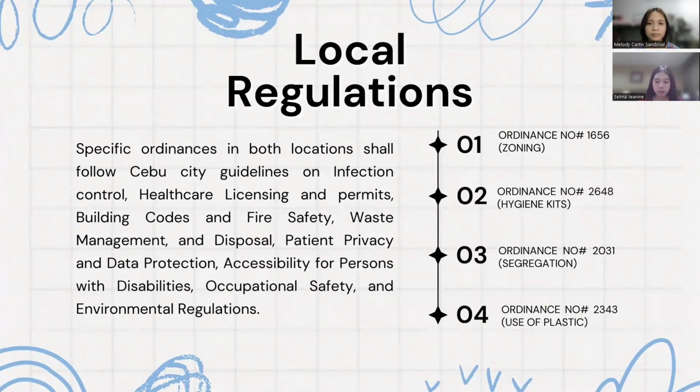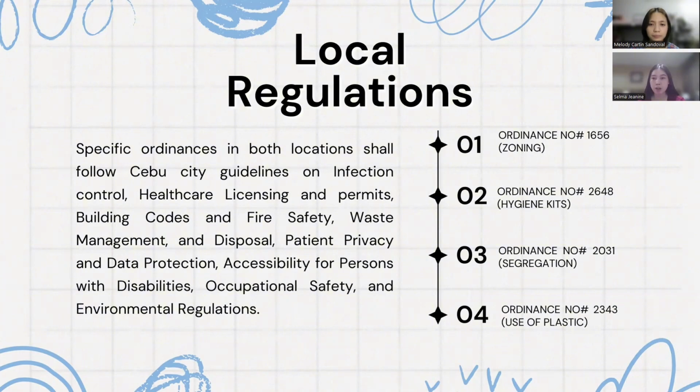For the local regulations, both locations are under Cebu City ordinances and regulations. Specific ordinances in both locations shall follow Cebu City guidelines on infection control, healthcare licensing and permits, building codes and fire safety, waste management and disposal, patient privacy and data protection, accessibility for persons with disabilities, occupational safety, and environmental regulations.